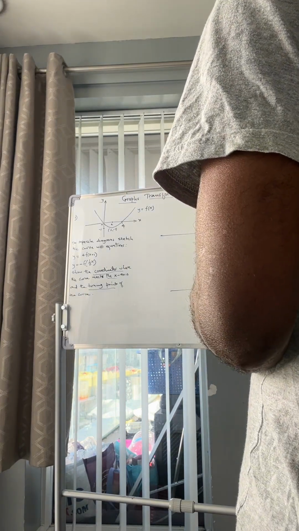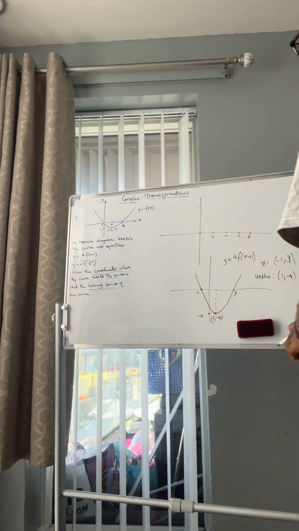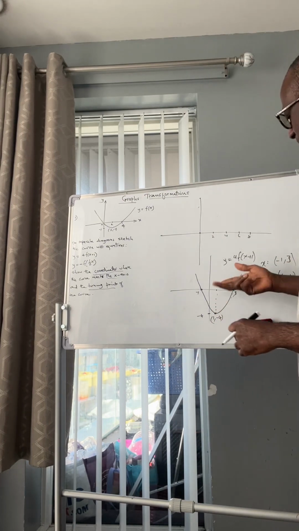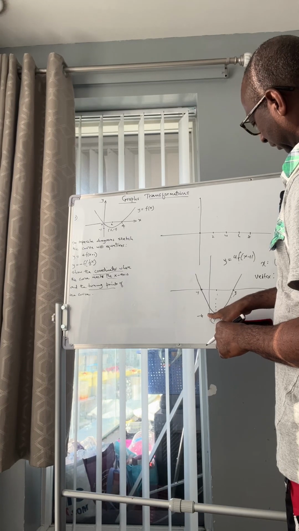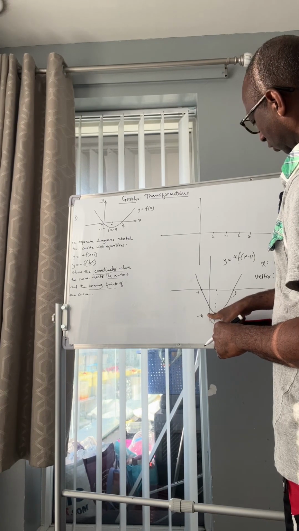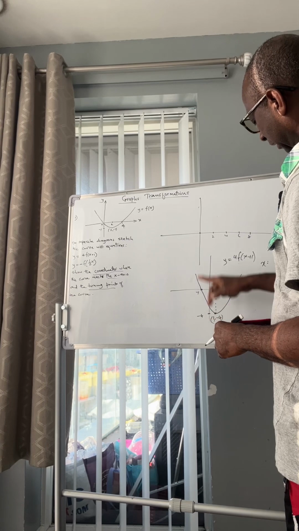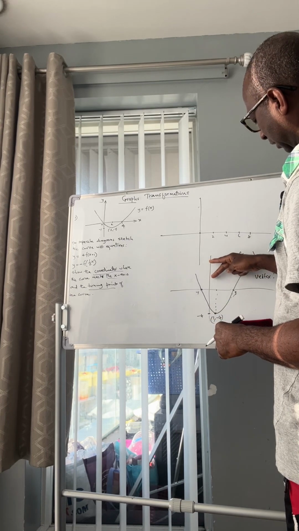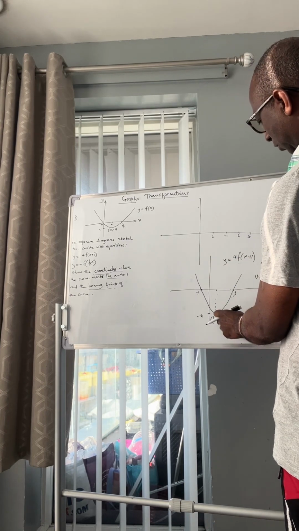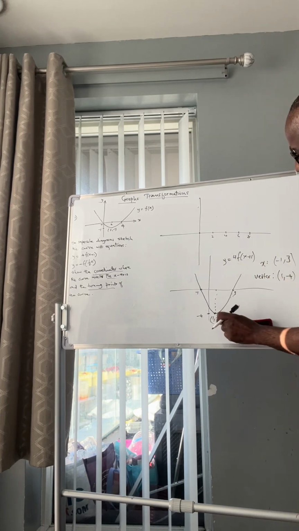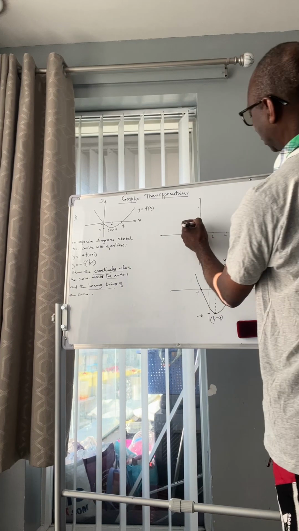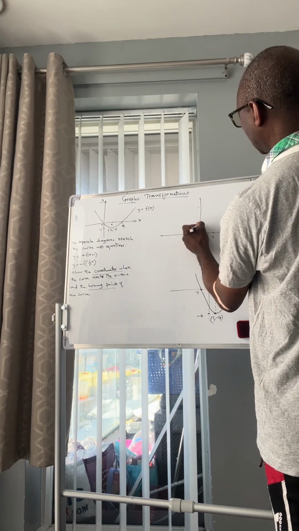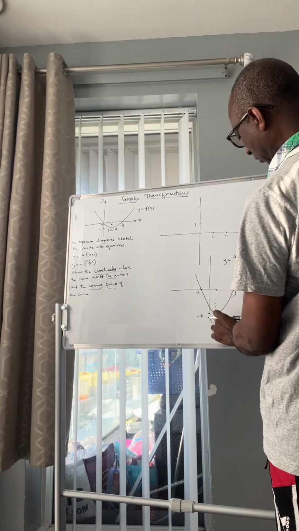So when you flip it now, minus 4 will now be plus 4. It's only this sign that will change, because this x is 1, it's still going to be 1.